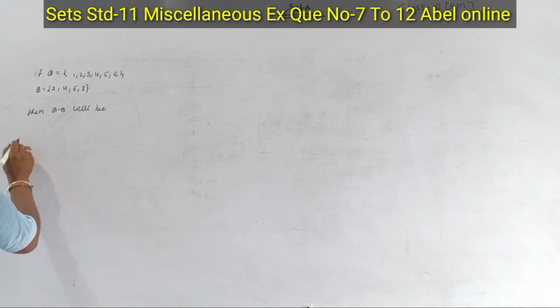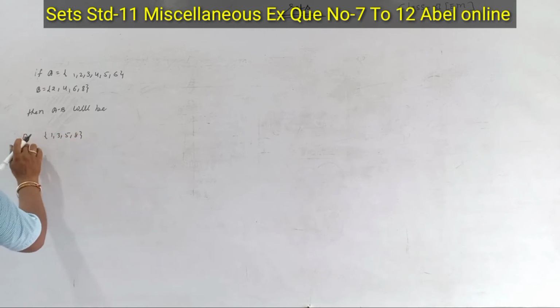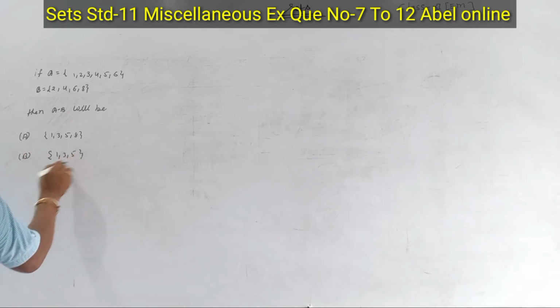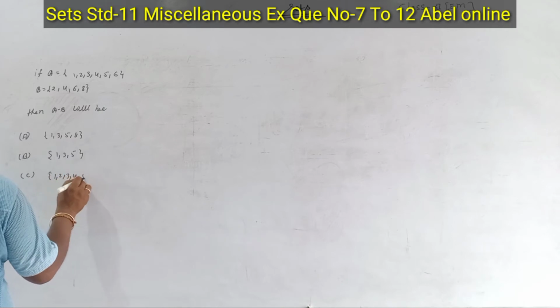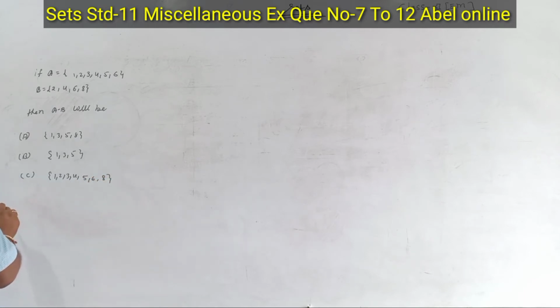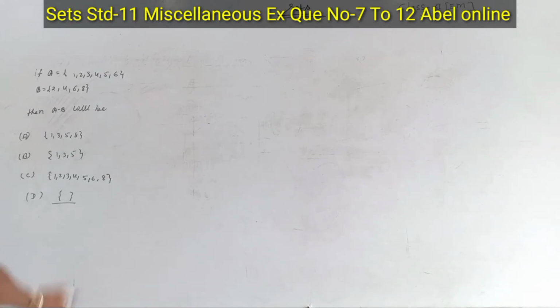The options are: 1 3 5 8, 1 3 5, 1 2 3 4 5 6 8, 1 2 3 4 5 6 8, and the last one, D, is null.